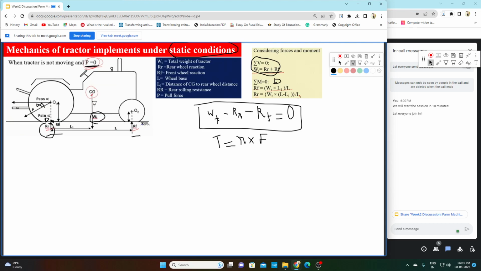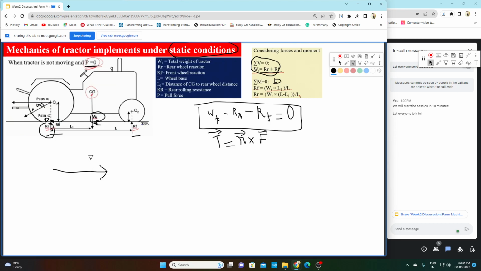Now, moment is actually a vector quantity. Torque equals R vector cross F vector. So whenever we are taking moment we have to consider direction. The direction always starts from the point where we are taking moment. So for this distance D to C, DC, the moment will be like this.